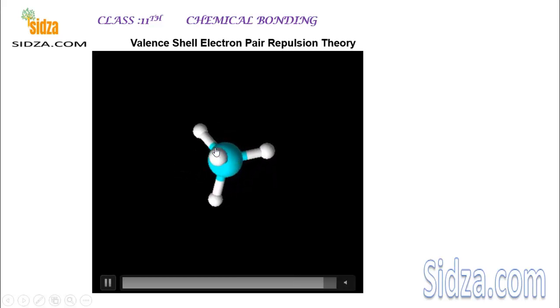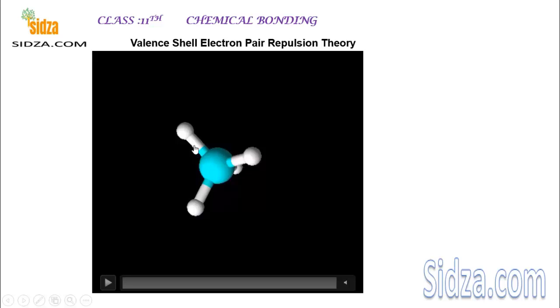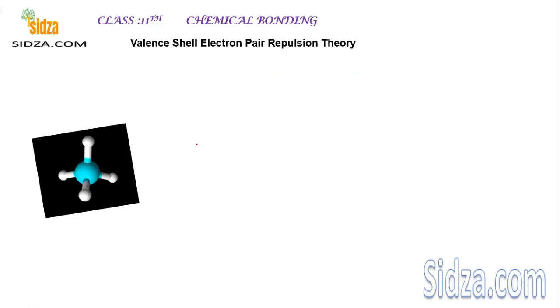Yes, obviously, correct? If you replace one atom here and put a lone pair there, what will be the shape? For a tetrahedral molecule, we know the bond angle is 109 degrees, and this is an AB4 type of molecule, with lone pairs 0 and bond pairs 4.